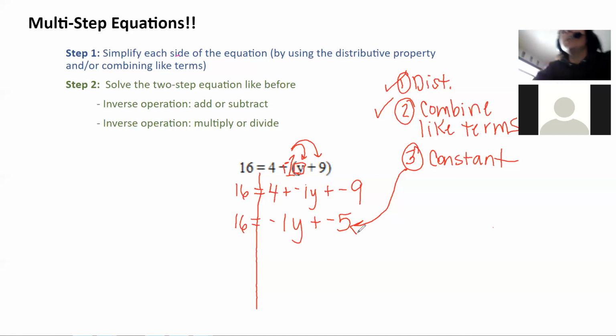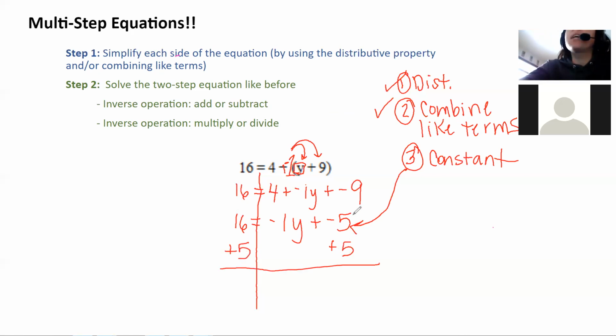We'll see. So, okay, we have to get rid of that constant. We're going to do what's opposite of that. And it looks like I have a -5 there. So what would I do to get rid of that -5? What do you guys think? What's the opposite? We would add 5. Very good. We're going to add 5 to both sides of the equation.